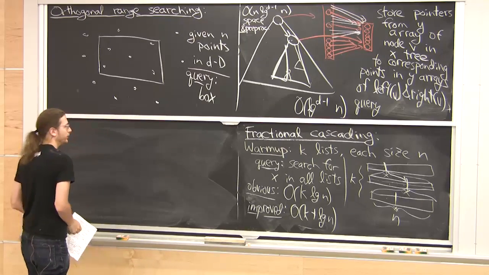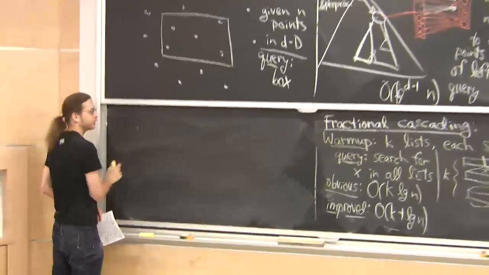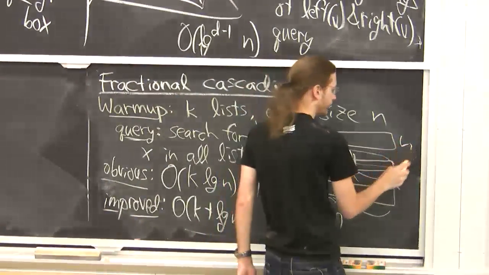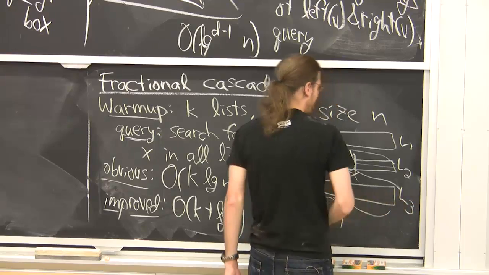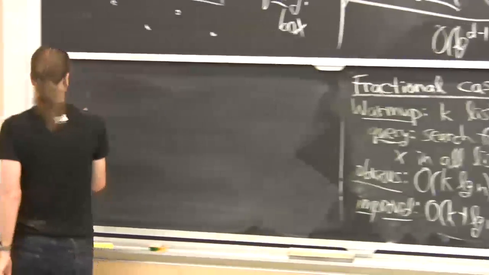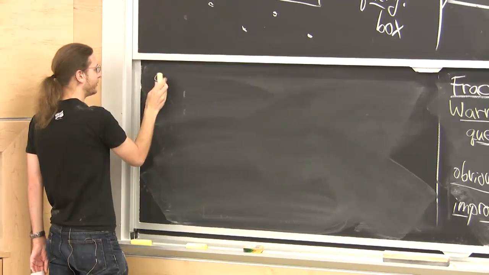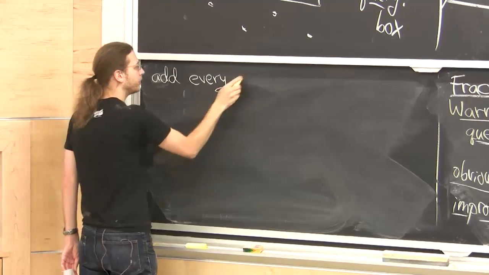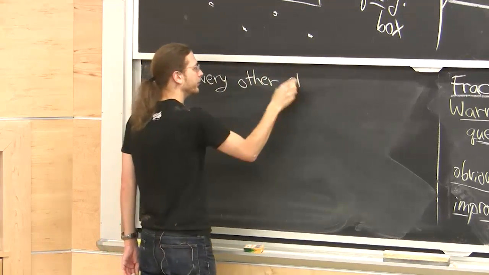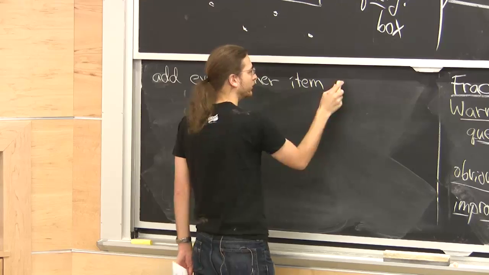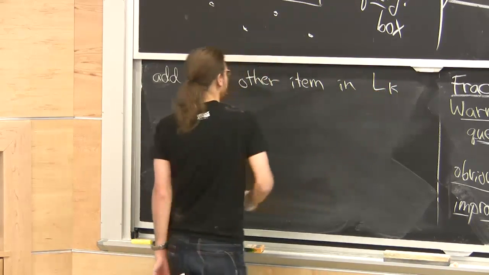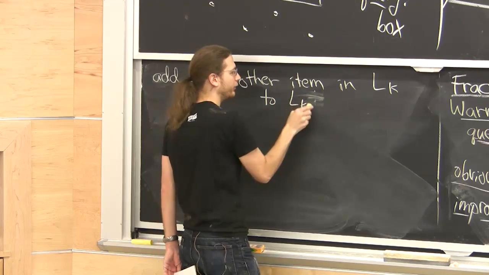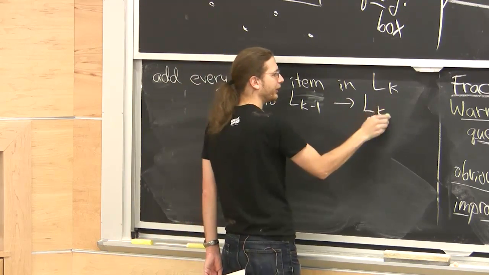So, what do we do? The idea is very simple. I'm going to call these lists L1, L2, L3, up to Lk. I want to add every other item in Lk to Lk minus 1 and produce a new list, Lk minus 1 prime.